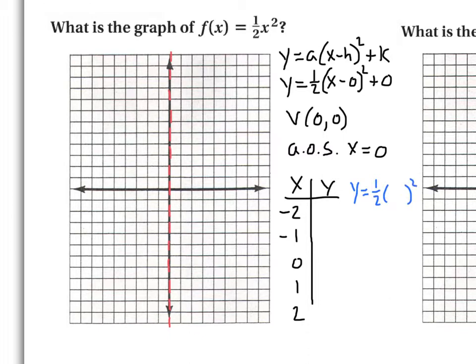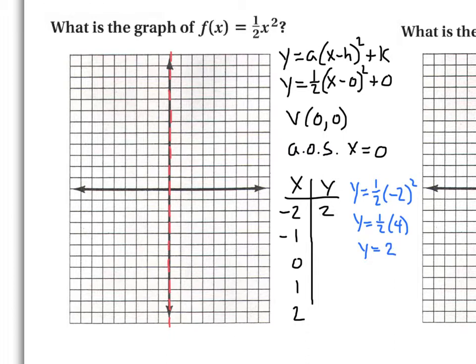If I'm plugging -2 into that, please remember your order of operations. You have to do -2 squared first. What's -2 squared? 4. Okay, what's 4 times 1/2? One half times 4 is 2.